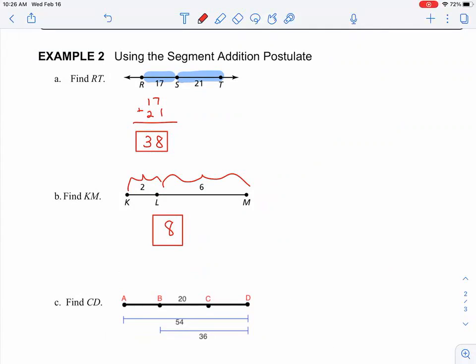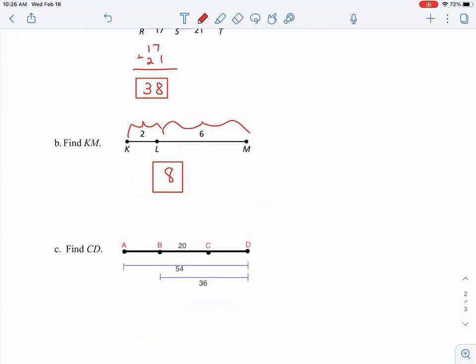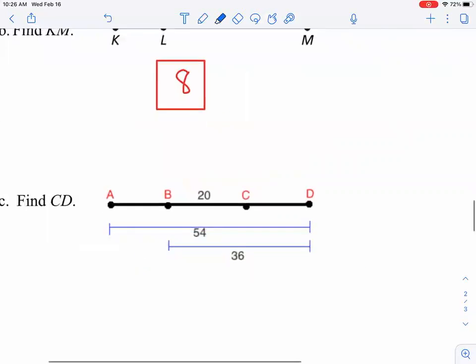Part C is a little bit different because we have to do a little bit of thought here, since it gives us different amounts. We're trying to find the length of CD. It tells us that the whole thing, from A to D, is 54. We know that from B to D is 36. And we also know from B to C is 20.